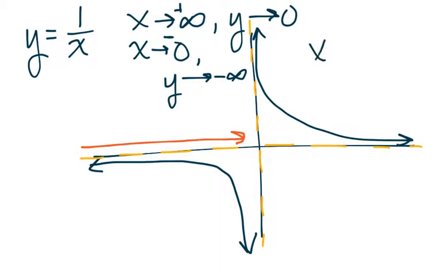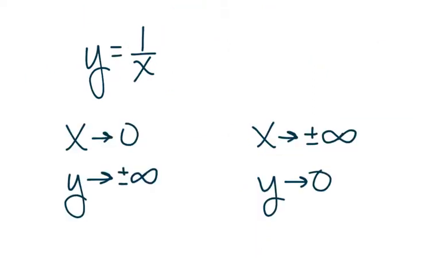However, if my x comes into 0 from the positive direction, like this, my outputs go off to positive infinity. So you just look at the general trend of a graph, and that's what a limit tells us.